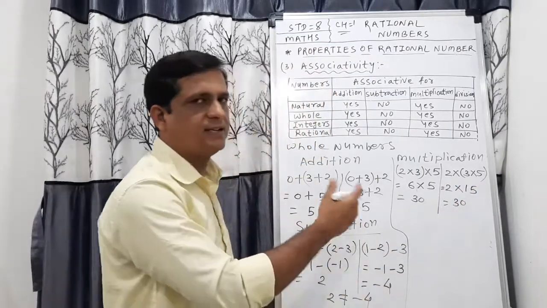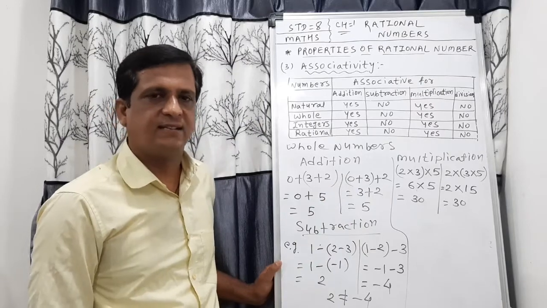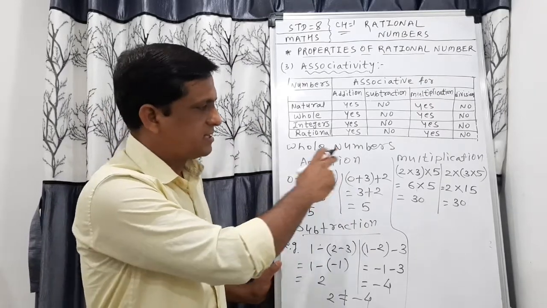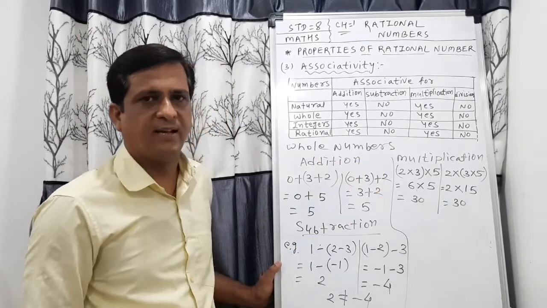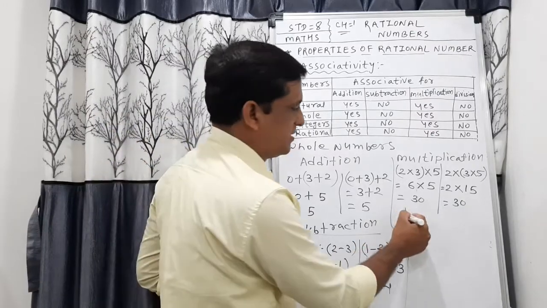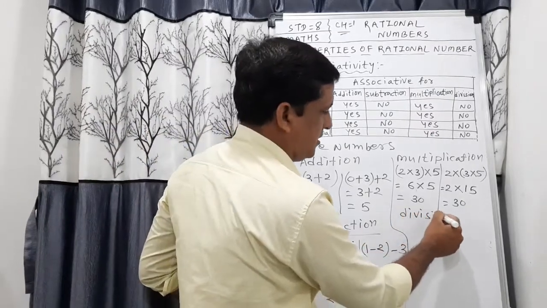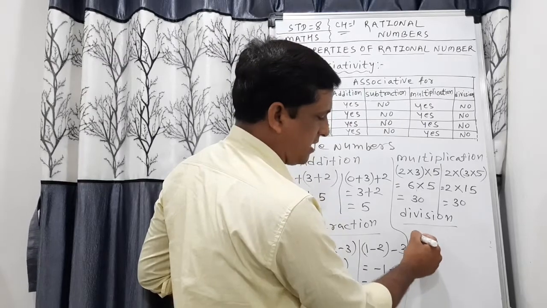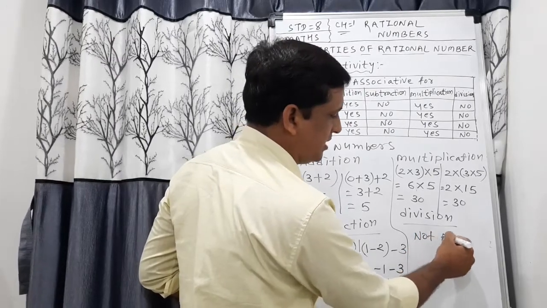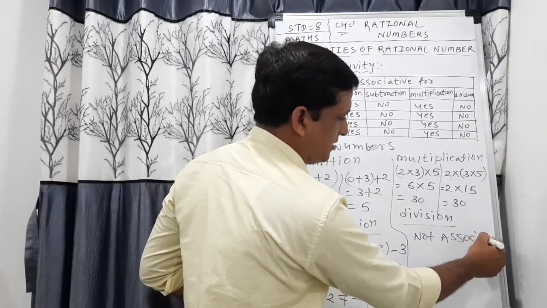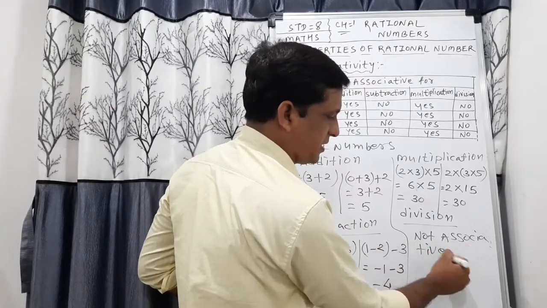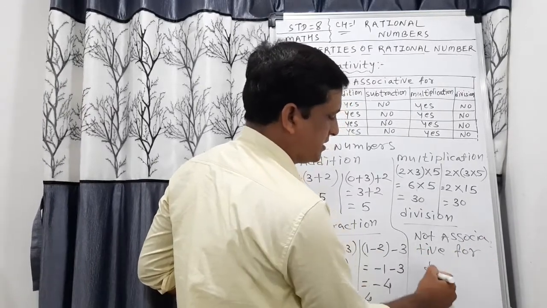Then both results are the same. So we can say that whole numbers are associative for multiplication. Now for division, whole numbers are not associative for division.